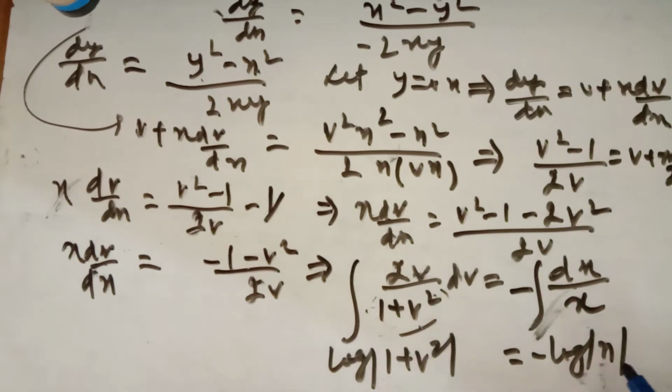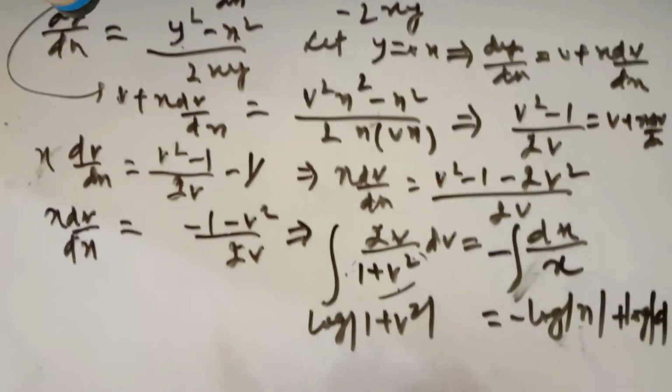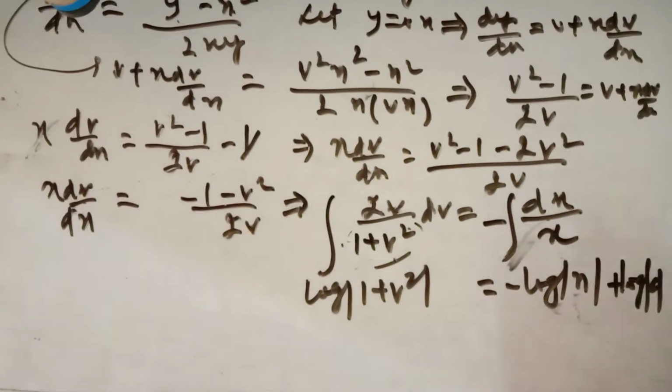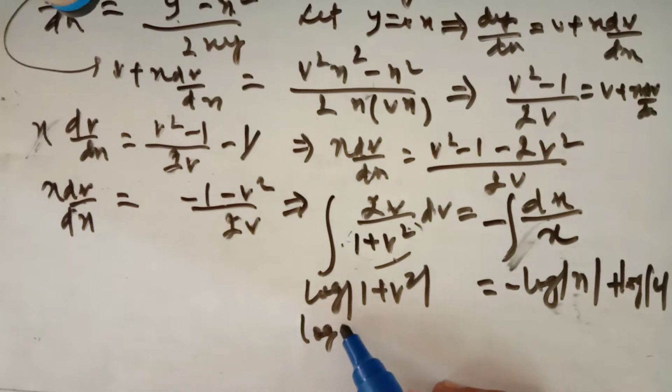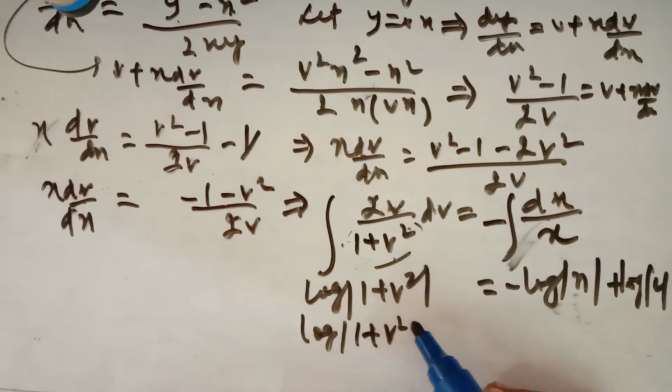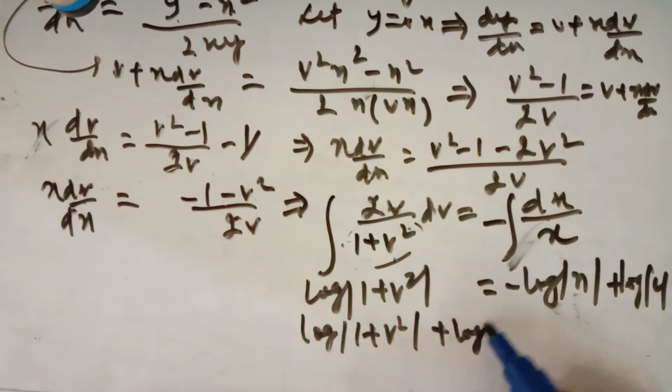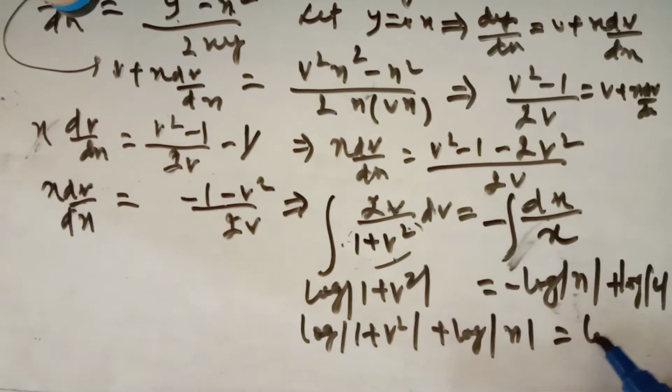And when all the terms are in log, you can take the constant also in terms of log c. So you can simplify by using the properties of the log. It will be log(1 + v²) + log x = log c.